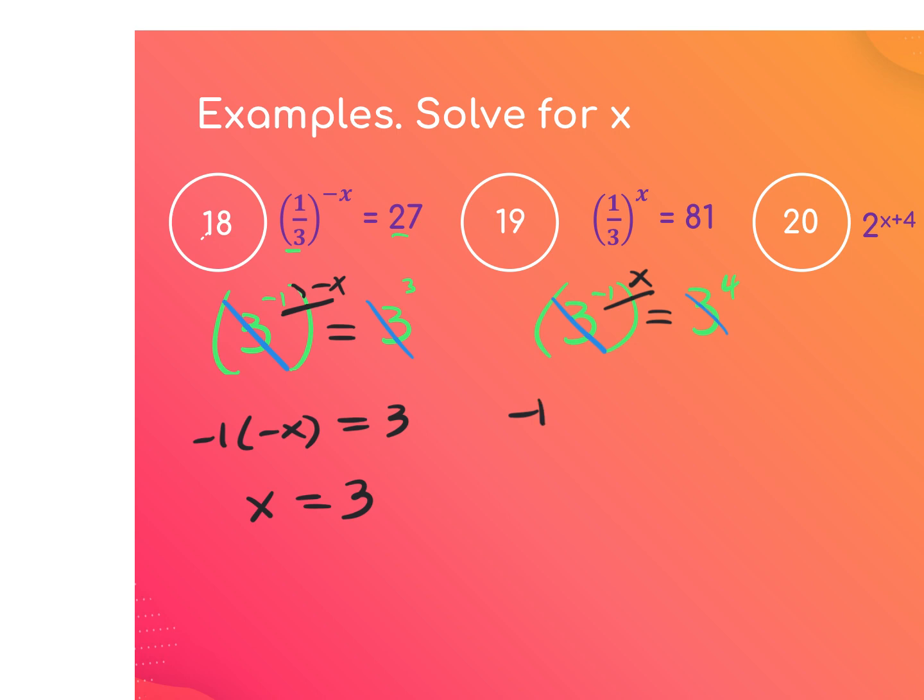This becomes negative 1 times x, which gives you negative x, or you could leave it as negative 1x. Divide both sides by negative 1, and x equals negative 4. You don't necessarily have to show this. If you want to just multiply it and put it in as negative x, you can. All right? But again, we never want to solve for a negative variable. We have to divide by a negative 1.